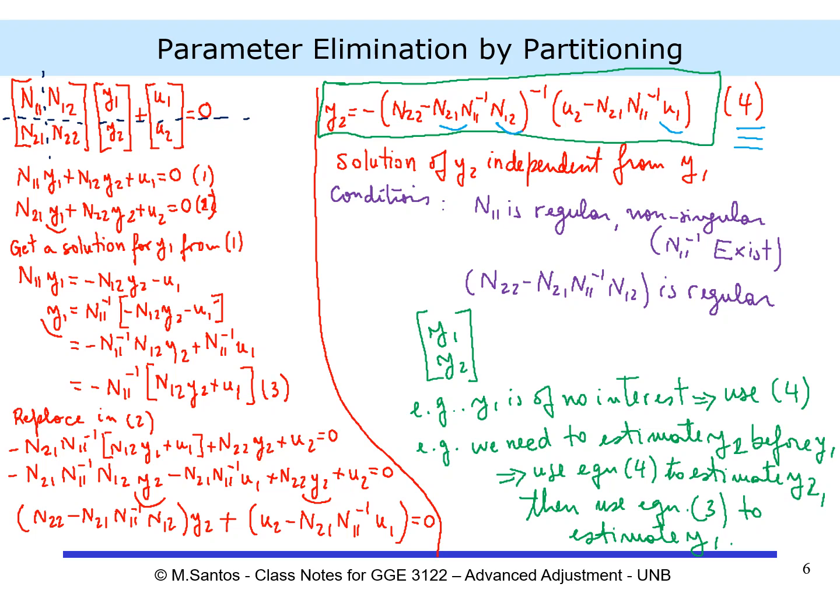Elements N12 and N22 of the normal matrix also have been fed information that relates to Y1. So the solution of Y2 happens without having to estimate Y1, but the information related to Y1 is embedded in the expression.